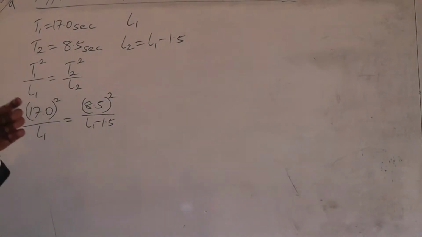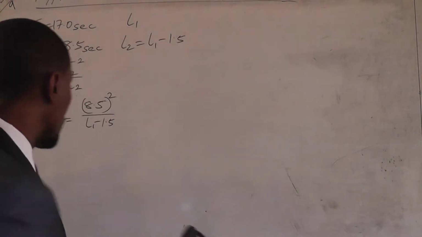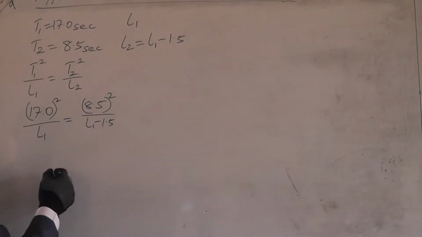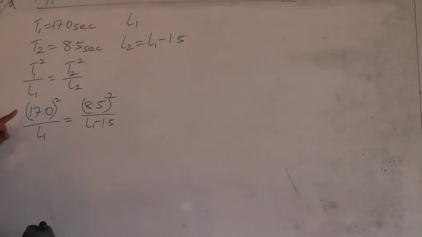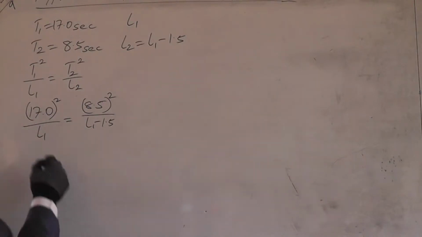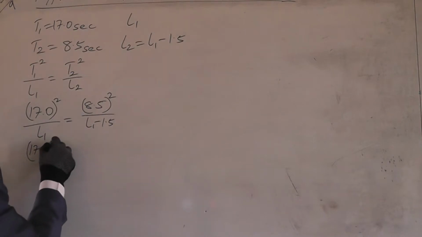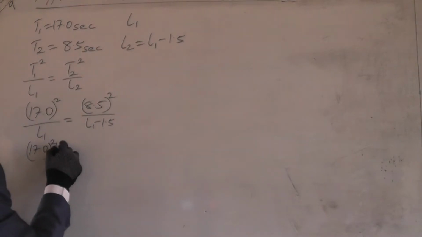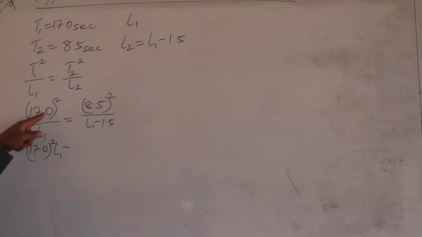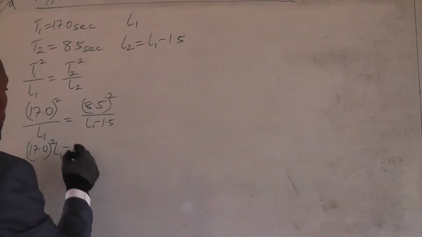Now, what I need to do here is to make L1 the subject of the formula, and that is what they ask in the question. Now, I have 17.0 all squared times L1. I have 17.0 all squared L1 minus 17.0 all squared times 1.5.